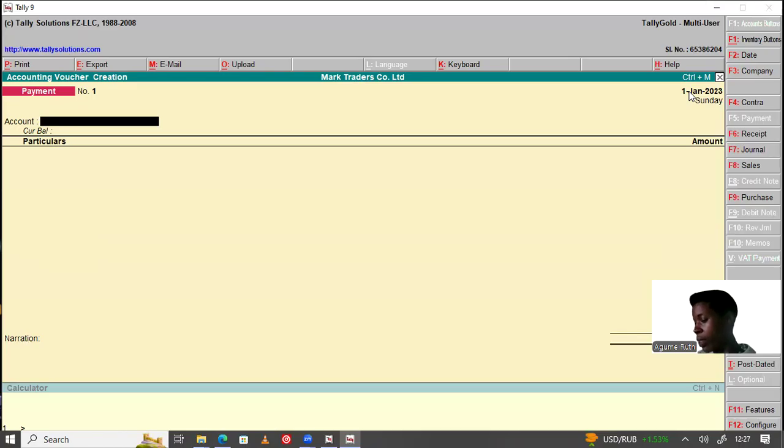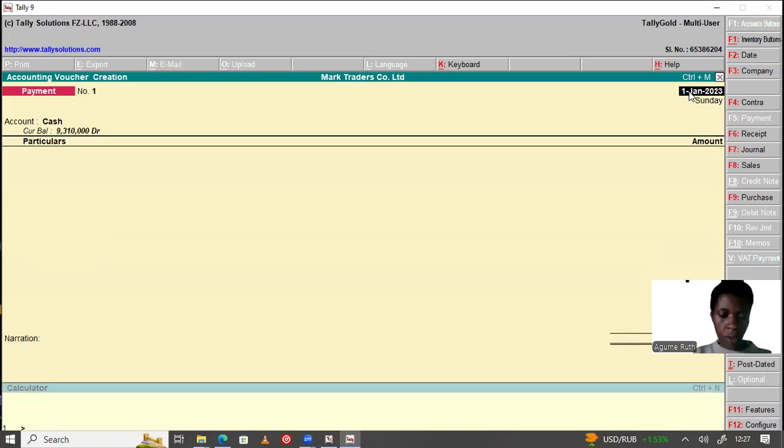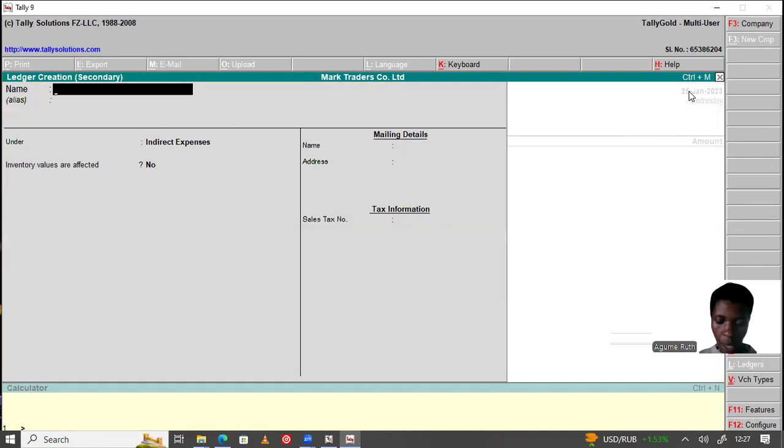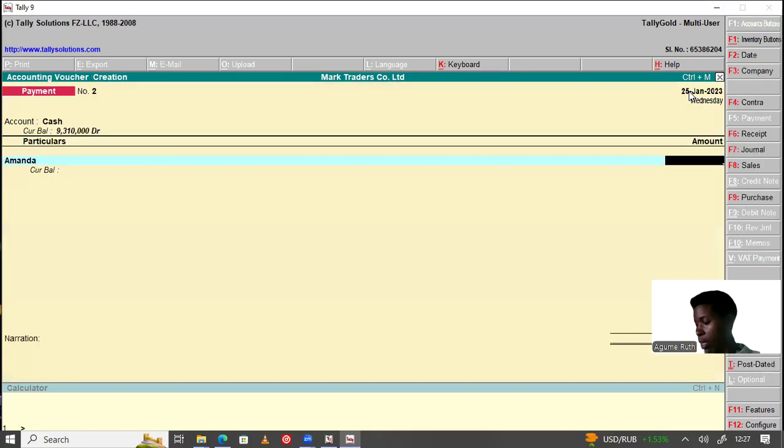Then they're saying that January 25th, January 2023, they paid by cash, so we are maintaining our cash, and they are paying salary to Amanda. I'm going to create Amanda and I input him under expenses, and that is 300.